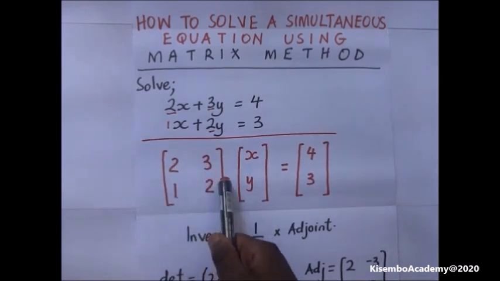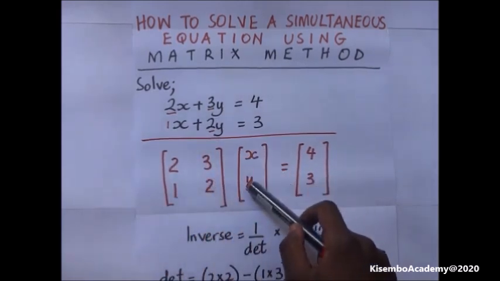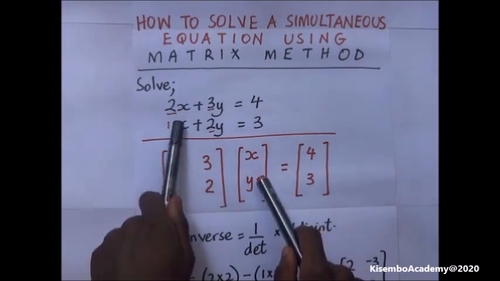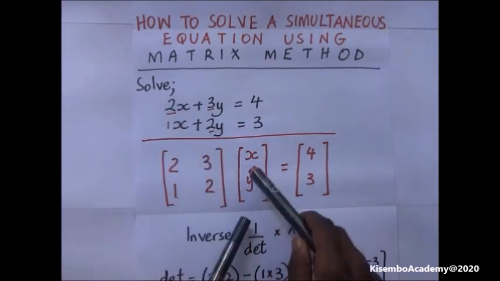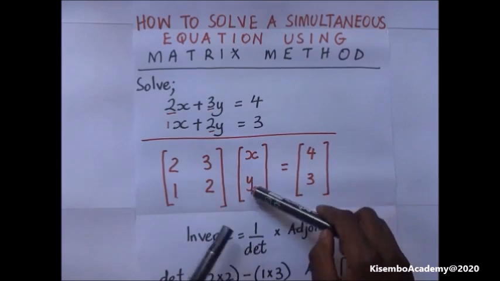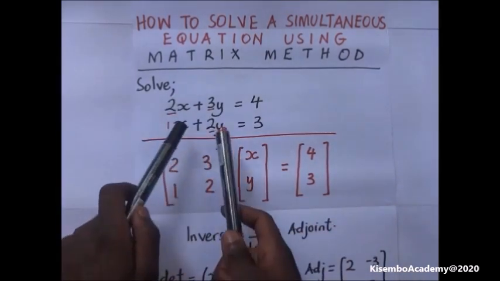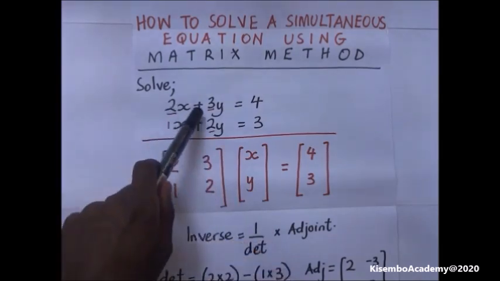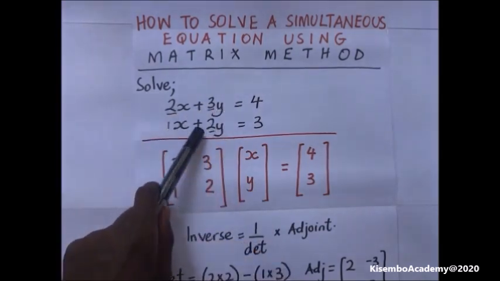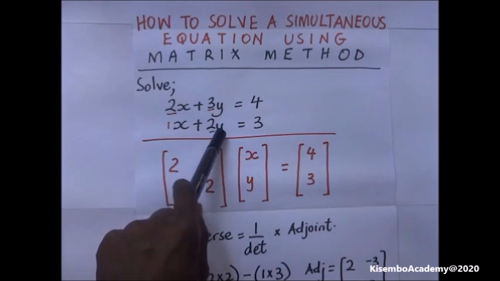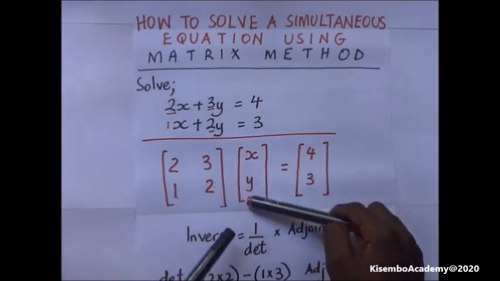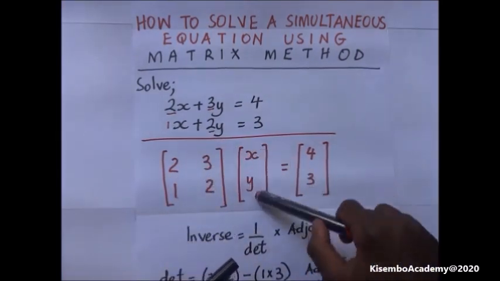We multiply this matrix by the unknowns. The unknowns in this case are x and y. So we follow that order, x and y, because the first term here is x and the next is y. Now if it was reversed, like 2y plus 3x, or y plus 2x, then the order of our unknowns would be y and x.